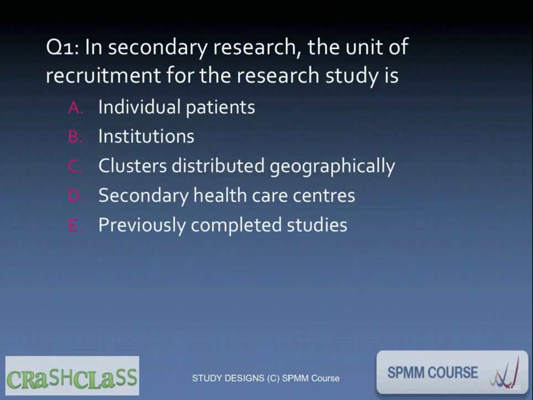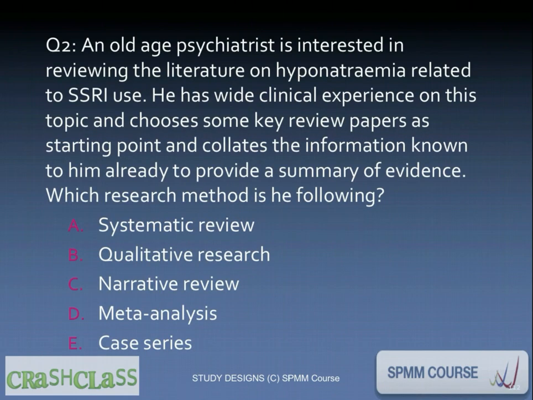Let's see some questions now. In secondary research, the unit of recruitment for the research study is individual patients, institutions, clusters distributed geographically, secondary healthcare centers, previously completed studies. So the answer is previously completed studies. You're right. Okay, so question 2. An old age psychiatrist is interested in reviewing the literature on hyponatremia related to SSRI use.